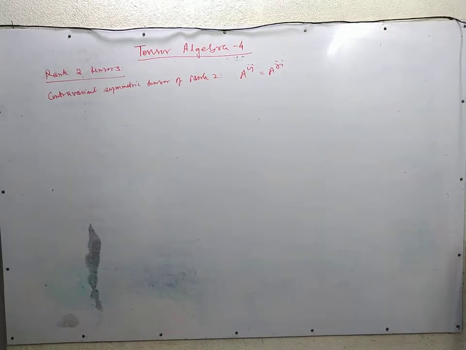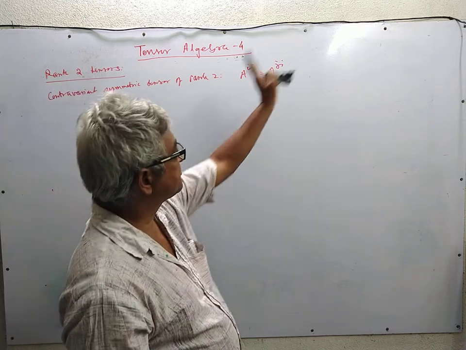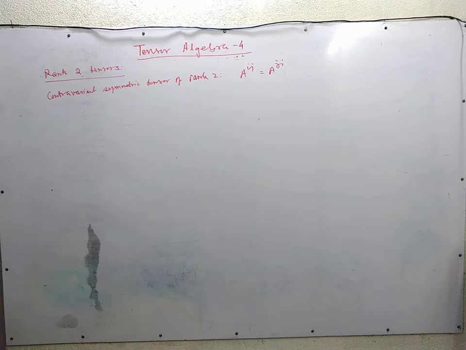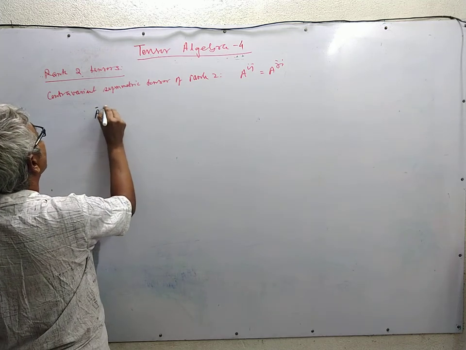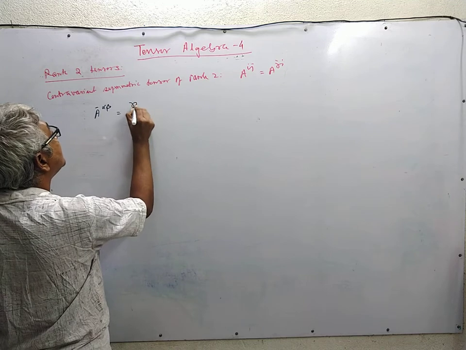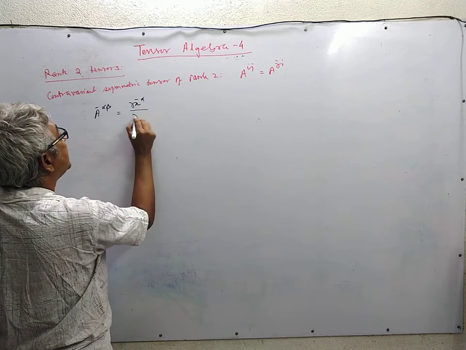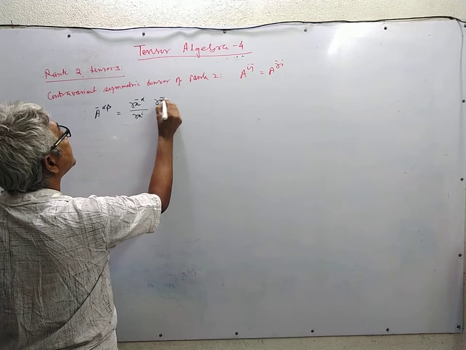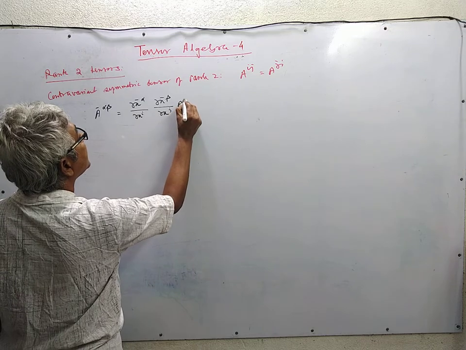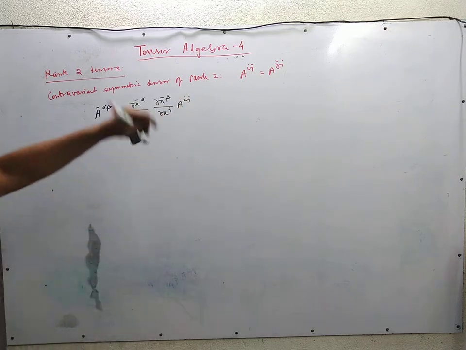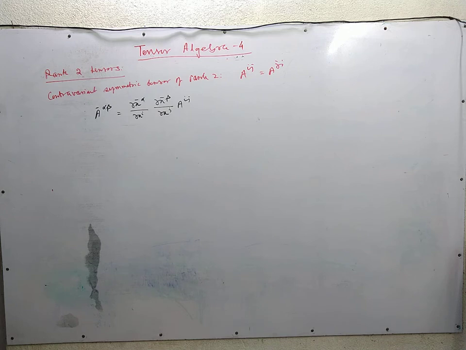Now, our aim is to see whether this symmetry property is being carried over into other coordinate systems or not. In order to study this, we write A bar alpha beta is equal to del x bar alpha by del xi, del x bar beta by del xj, Aij. This is the transformation relation of a contravariant tensor of rank 2.